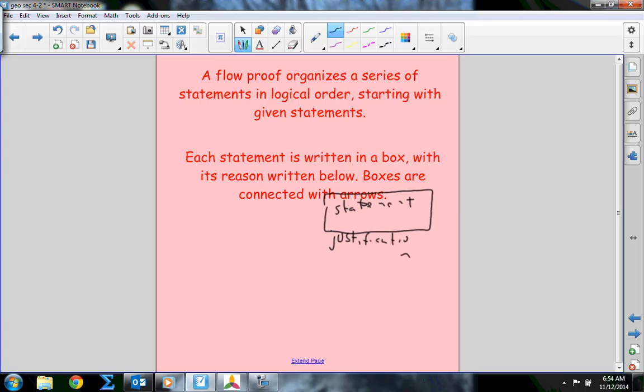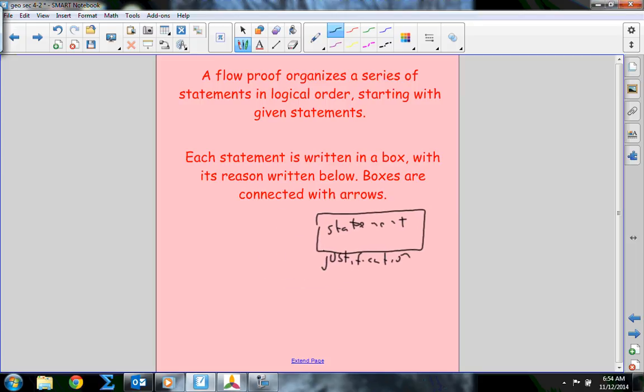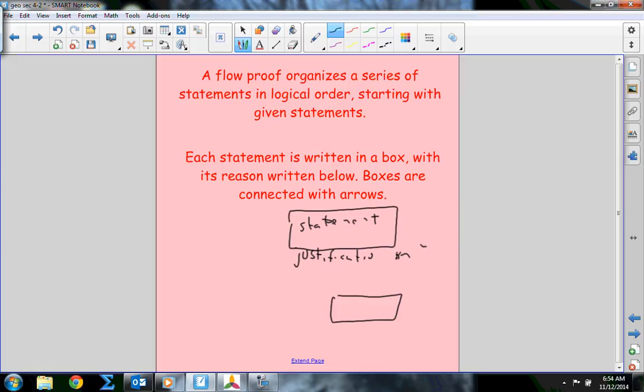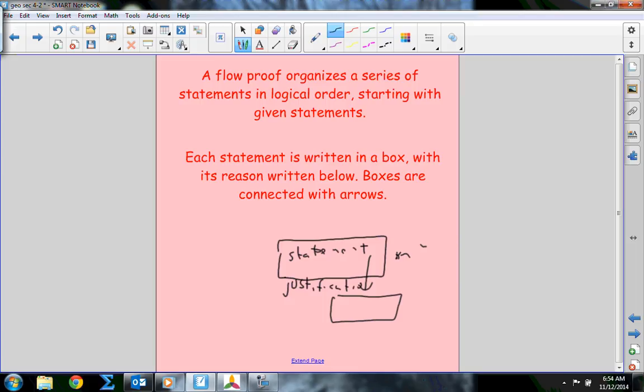And then you relate boxes together with arrows. Okay, let's do one.